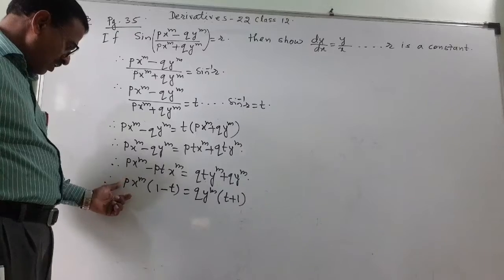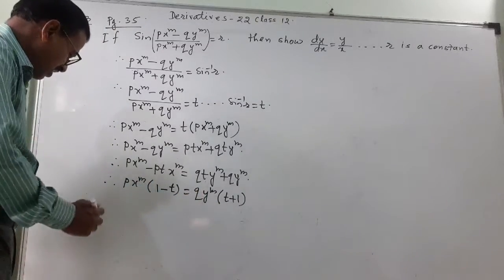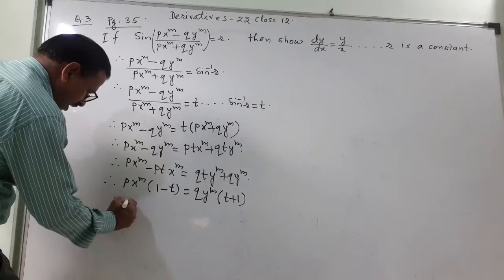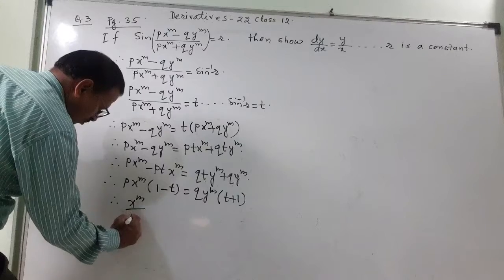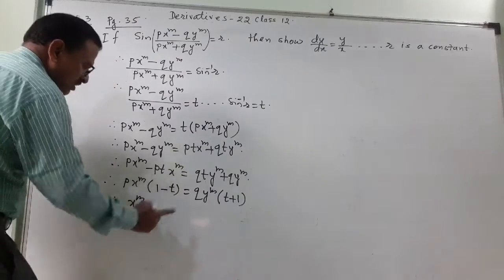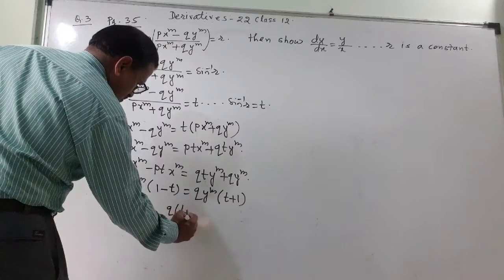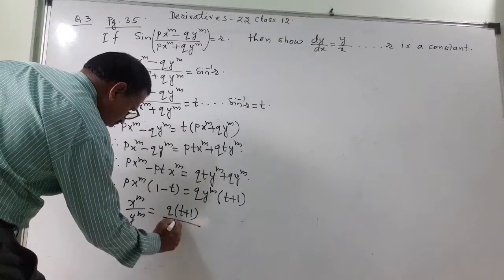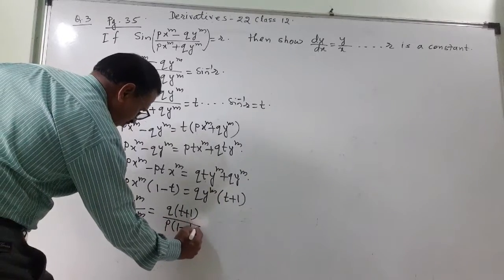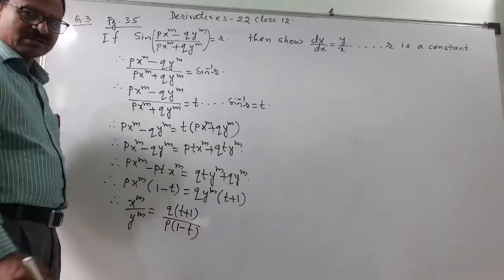Now this p into this part I will keep there, and this y part I will bring here. Therefore, x^m upon y^m is equal to q(t + 1) upon p(1 − t). This part is a constant.